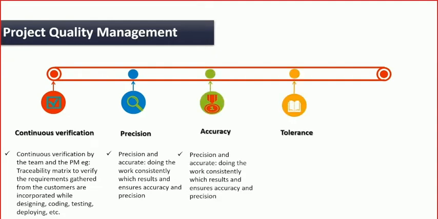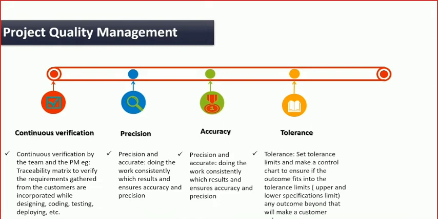By using control charts, we set the tolerance limit, wherein we set upper and lower limits of specifications, and the product and services which we are providing must be within the specified limit. Above the tolerance limit, there may be a chance of refusal.